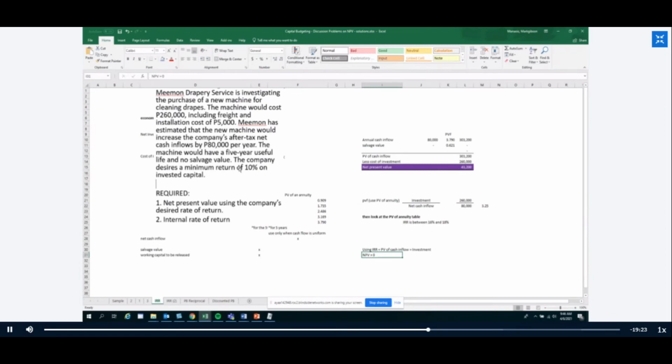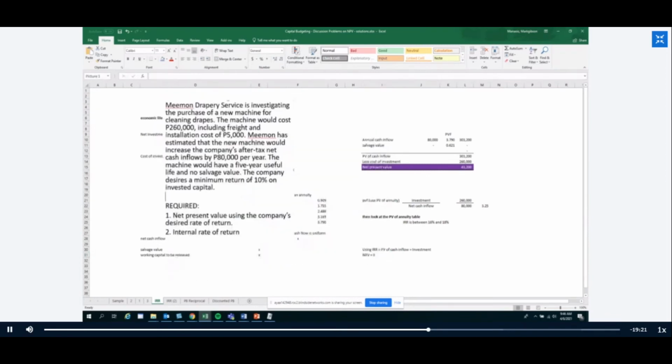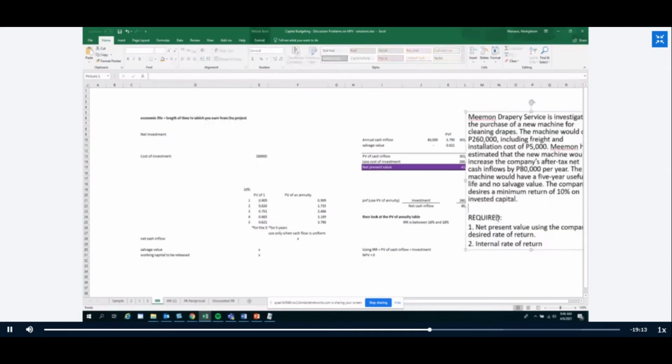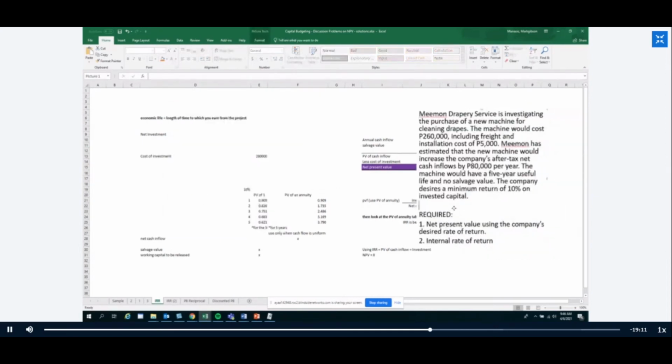So, sample natin ng problem para mas maintindihan, no? Mimon Drapery Service is investigating the purchase of new machine for cleaning drapes, no? The machine would cost 260,000 including freight. Yan na, class. Including freight. So, hindi na natin kailangan i-add back pa.